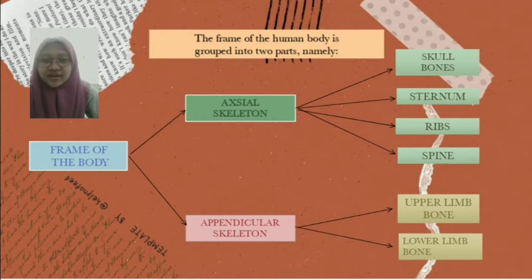Frame of the body consists of two parts, including first, axial skeleton, and 2. Appendicular skeleton.